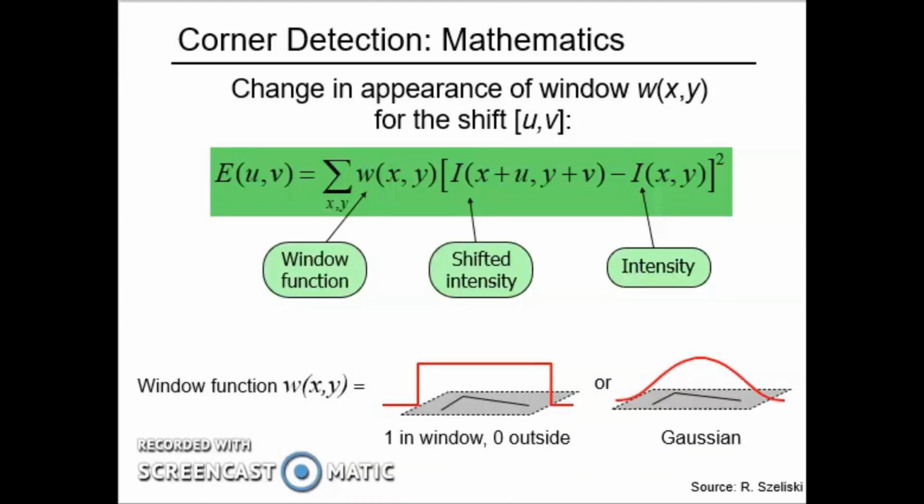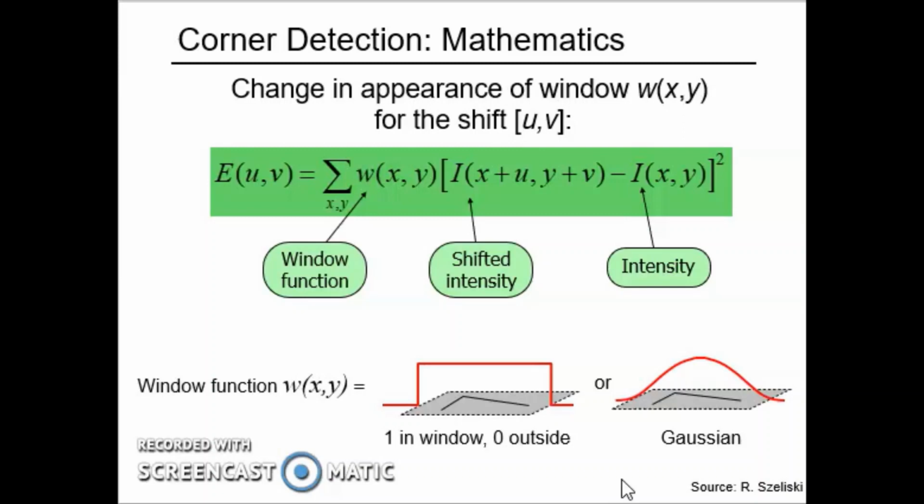Now, as far as this window is concerned, we can consider any type of window, or we can define a window function. For example, we can have this window function, which is a step function, and then this window, which is basically a Gaussian function. This Gaussian function is quite significant because we know that the neighboring image pixels are highly correlated, and as we talk about pixels which are far away from one particular location, the dependence or correlation between the pixels will significantly reduce.